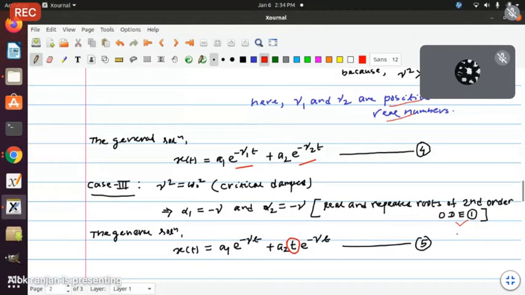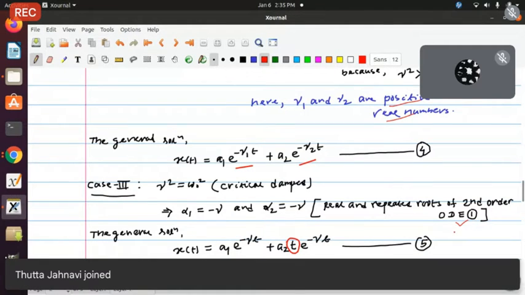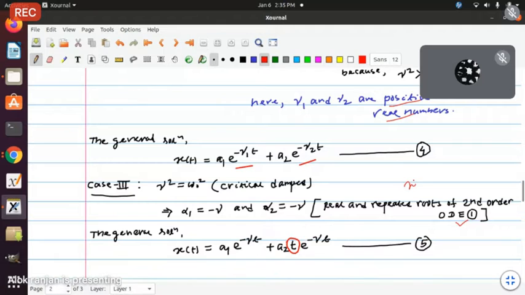Those who have studied ordinary differential equations, even at 10 plus 2 level, know that where you have a second order ordinary differential equation or quadratic equation, you could have repeated roots. For example, x square minus 4 equals 0 gives a positive and a negative number. But you can have a differential equation where, when you solve it, you get real and repeated roots.